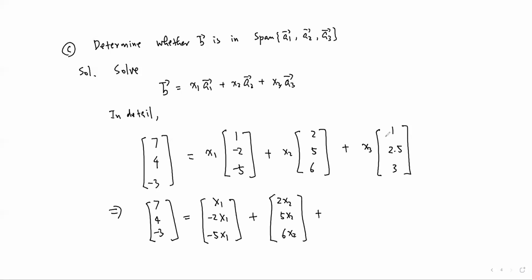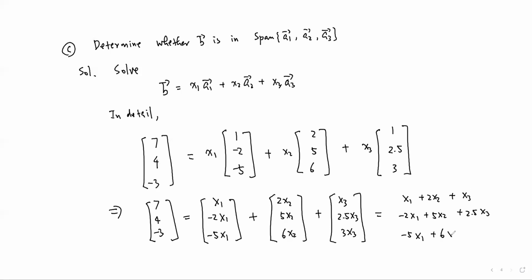And then X3 times all the entries: X3, 2.5 X3, 3 X3. Now make a sum of the three vectors at the corresponding entries. So X1 plus 2 X2 plus X3, then the second entry is -2 X1 plus 5 X2 plus 2.5 X3, and -5 X1 plus 6 X2 plus 3 X3.